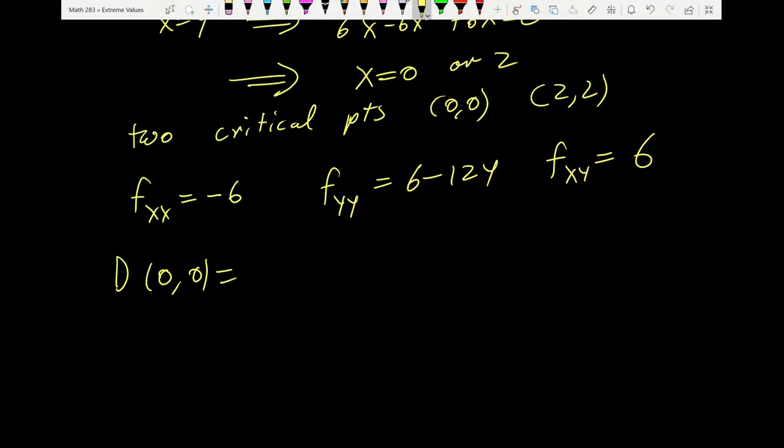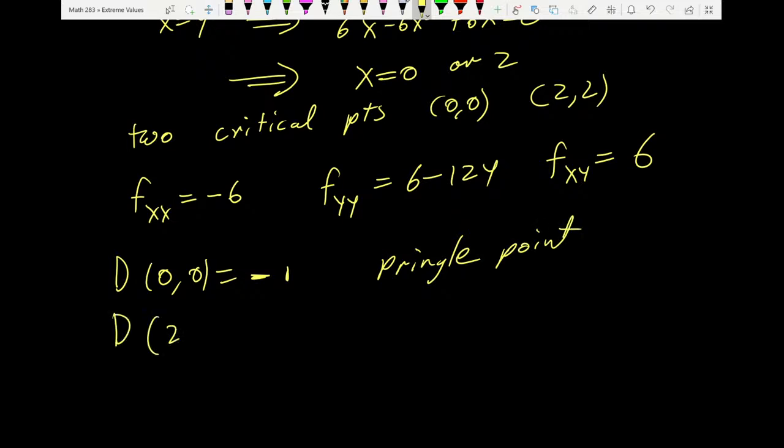Minus square is 36. Okay, so what do you end up getting? This is some negative, right? And then f sub xx is also negative something, right? Oh, I don't need to even do that. It's a saddle point.